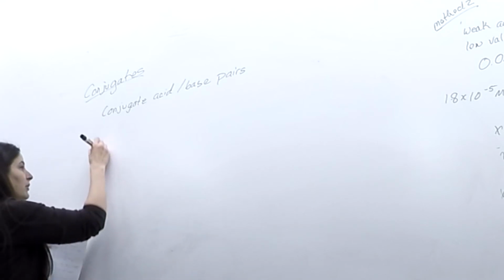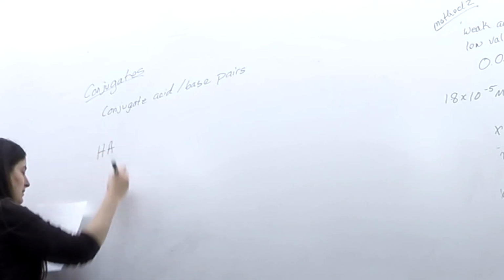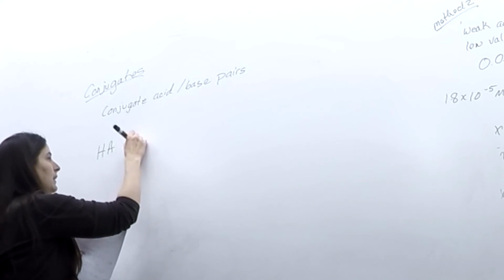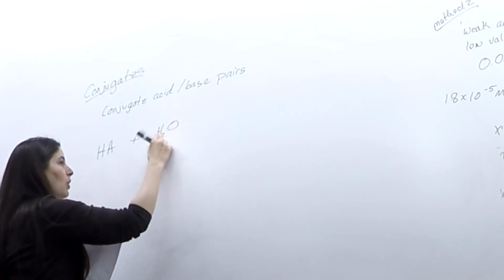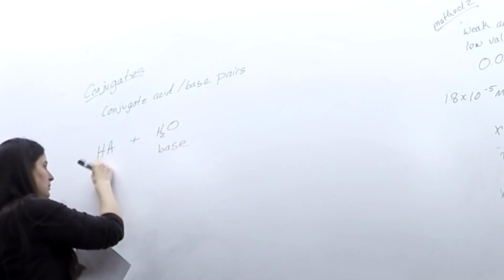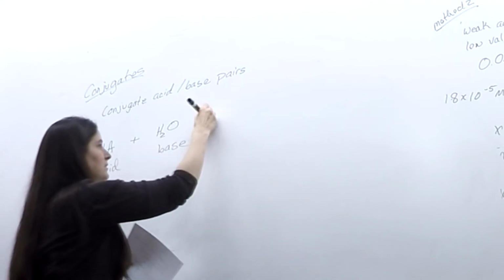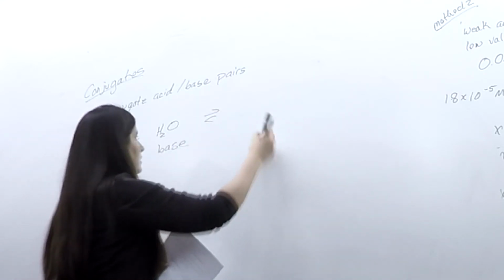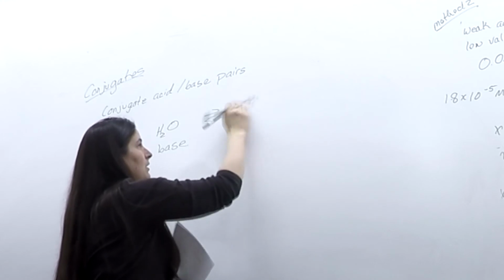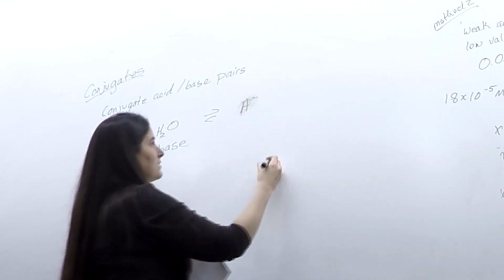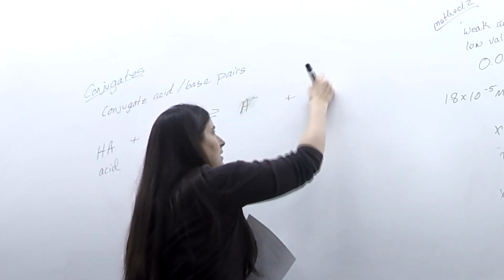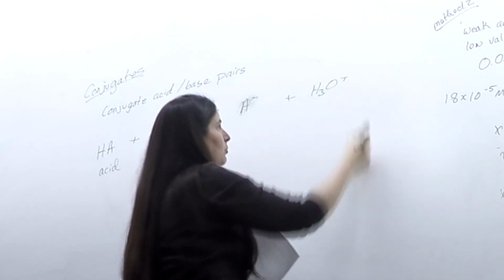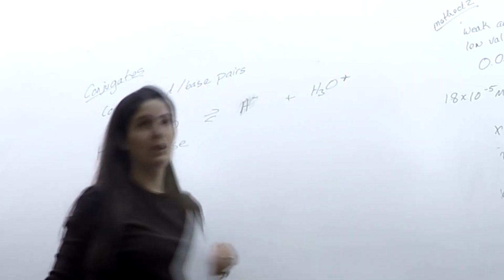If we have an acid here, HA, we react it with water, which is going to act as a base in this case. We are going to get what's left of the acid, which is A, and what is created from the water, which is the hydronium ion.